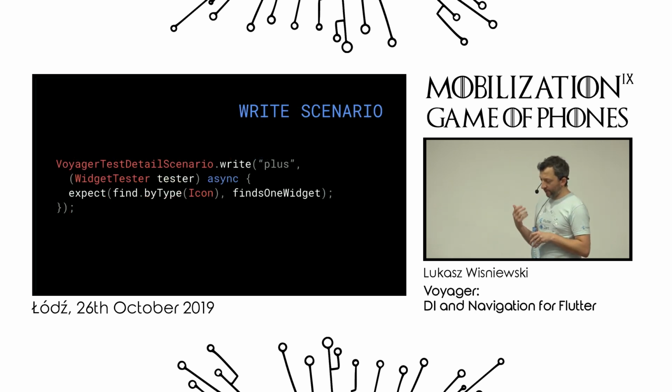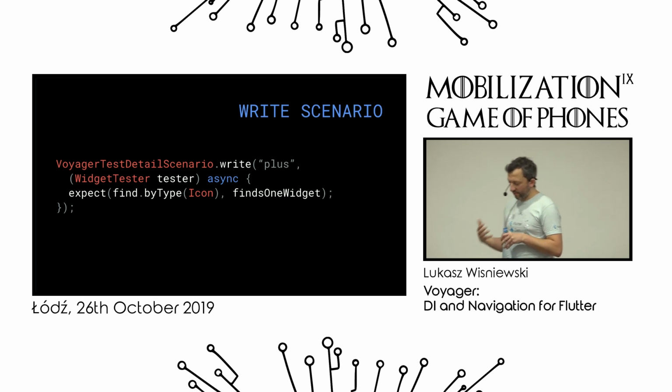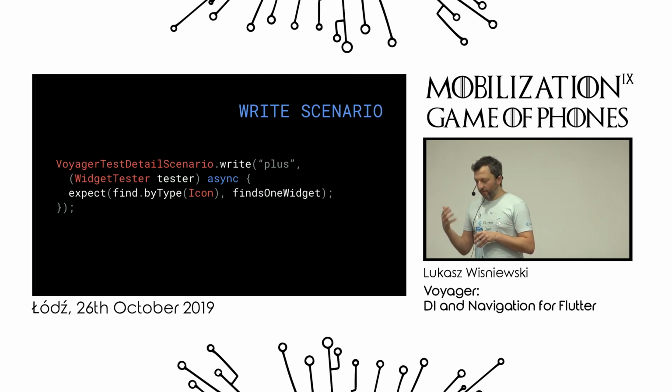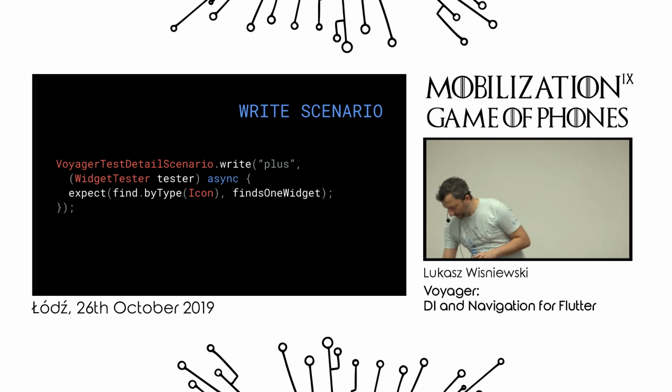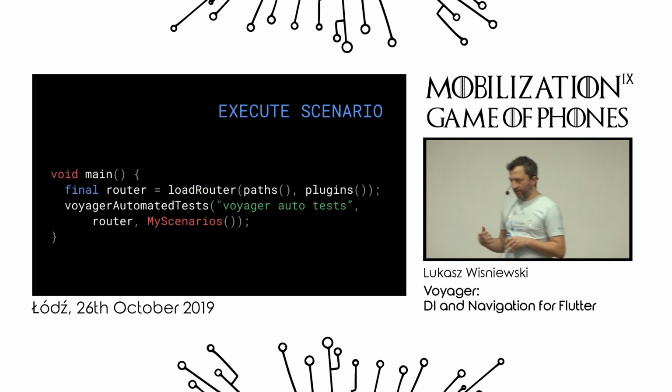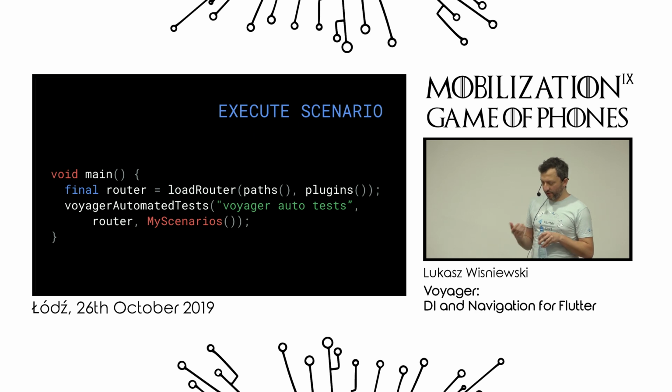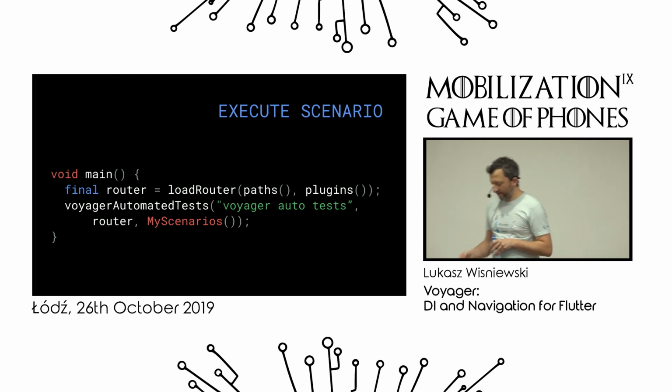And here you also have a helper method that supports you, meaning you already have an argument you need to pass and the widget tester to assert things about your UI. Once you have a concrete implementation of your scenarios class, you execute them within your tests.